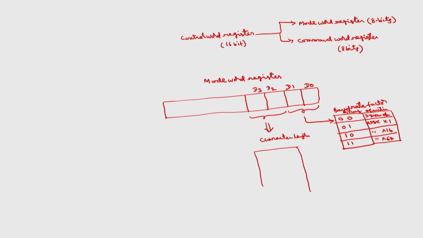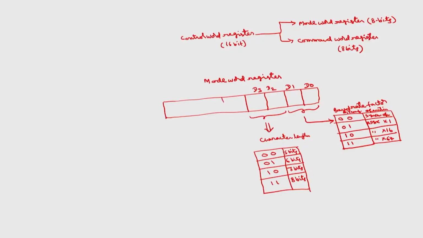For 0 0, character length is 5 bits. 0 1, character length is 6 bits. 1 0, character length is 7 bits. 1 1, character length is 8 bits. So, we can have a character length from 5 to 8: 5, 6, 7 and 8.